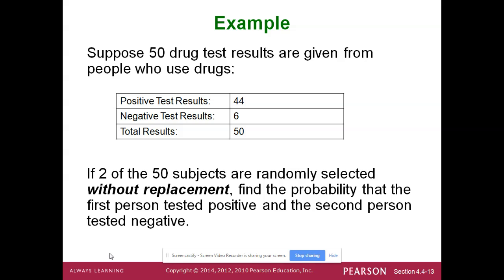So multiply those. 22 times 6 is 132. And 25 times 49 is 1,225. And then give me that as a decimal. 0.107.